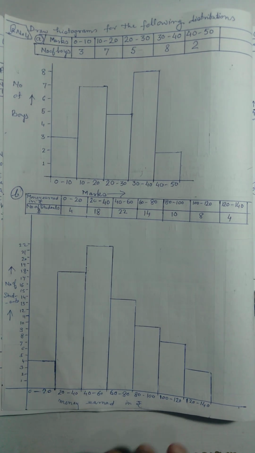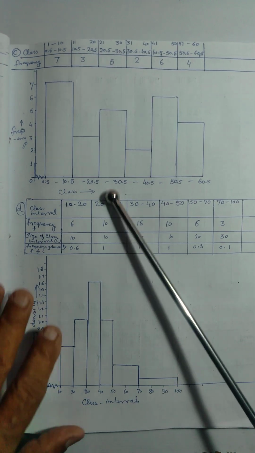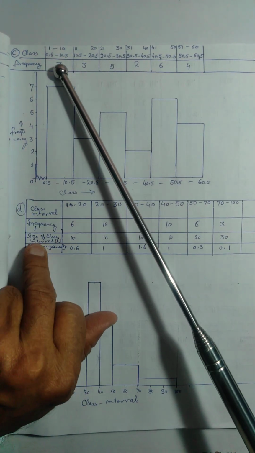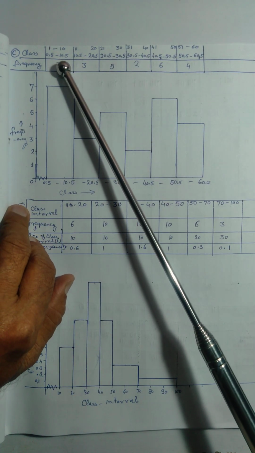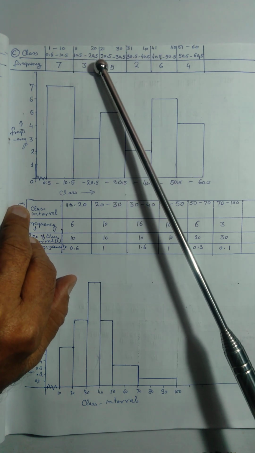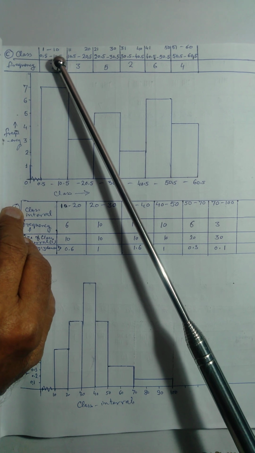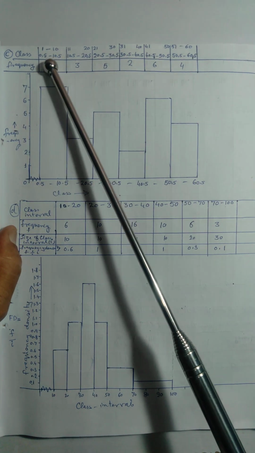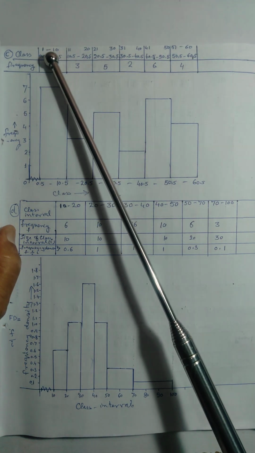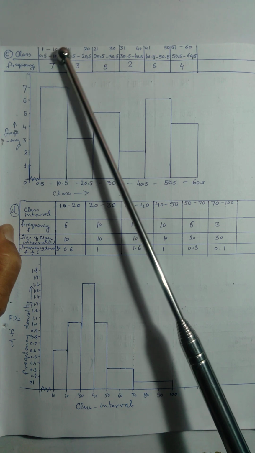Now come to the C part of it. Here again class is given 1 to 10, 11 to 20. So this class is known as inclusive. Why is it inclusive? Because the lower and upper limit both are included in the class.